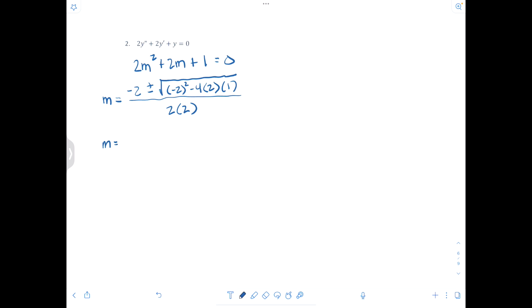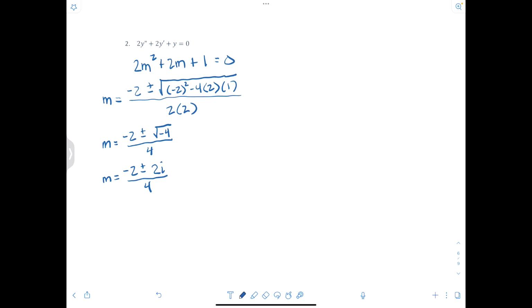M equals negative 2 plus or minus. Well, we'll get positive 4 minus 8, so we'll have square root of negative 4 all over 4. And so m will be equal to negative 2 plus or minus, careful, 2 times i, don't just ignore the negative, all over 4.